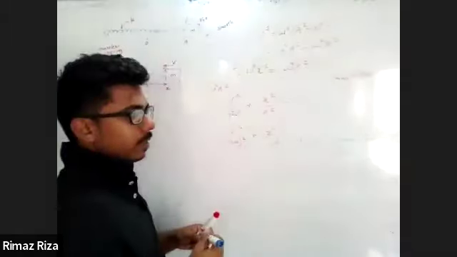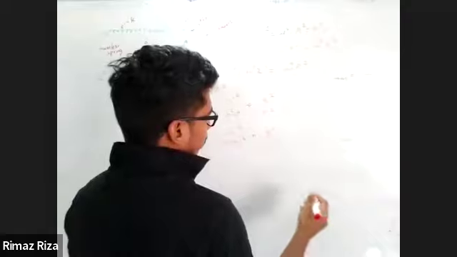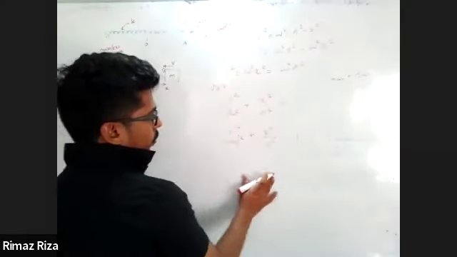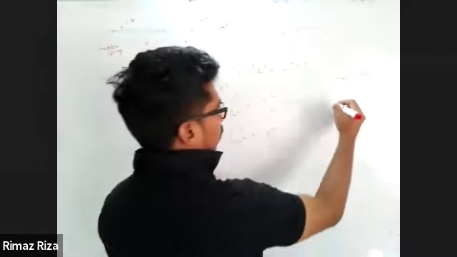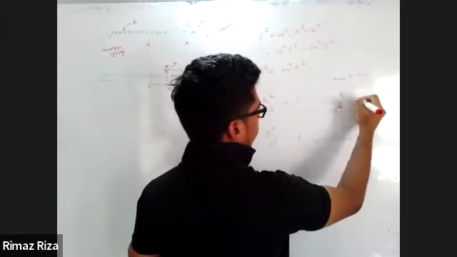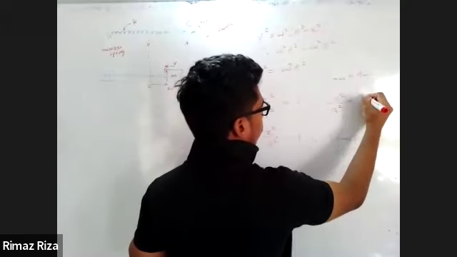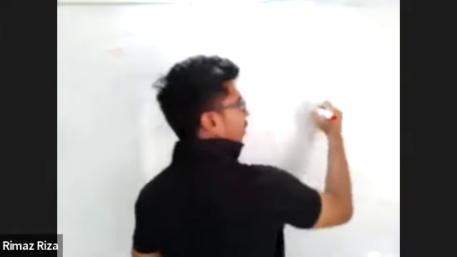We can call it an elliptical curve. We know the equation of an ellipse is x squared over a squared plus y squared over b squared is equal to 1. So this is the elliptical curve.